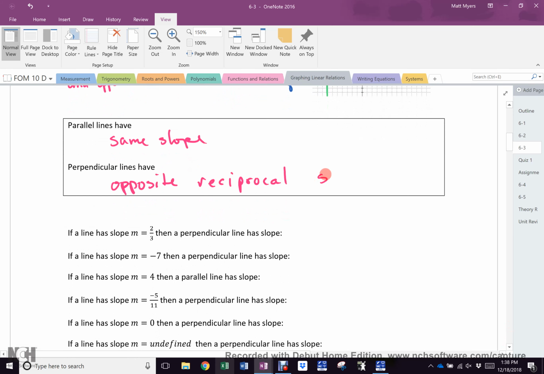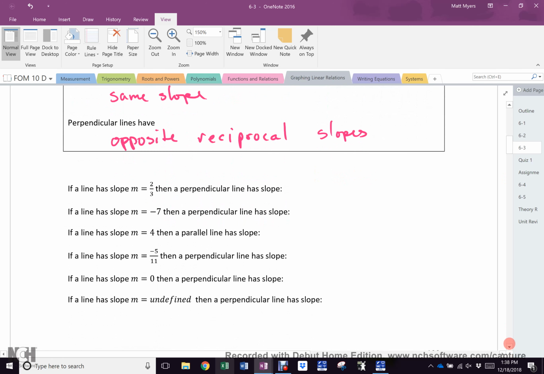So if I'm undefined, what's perpendicular to undefined? It was a long time ago we compared vertical and horizontal. Vertical is undefined with 0.